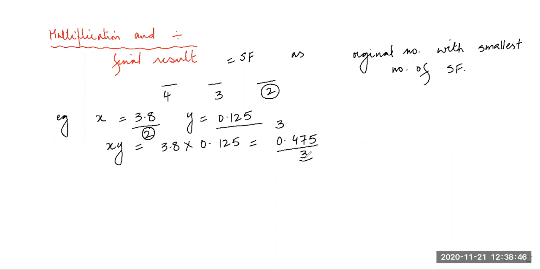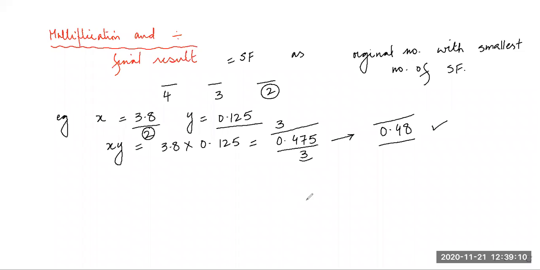That means we have to round off this to two significant figures. That means we have to round off this decimal to two digits after decimal. So what will be the case, students? It will become 0.48, right? This is the answer.